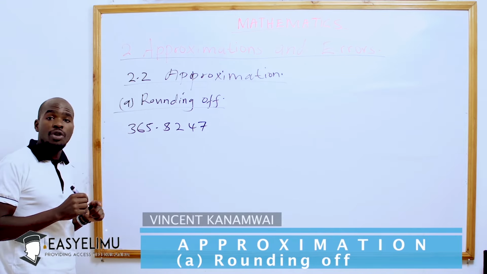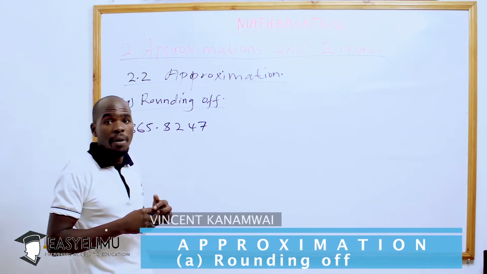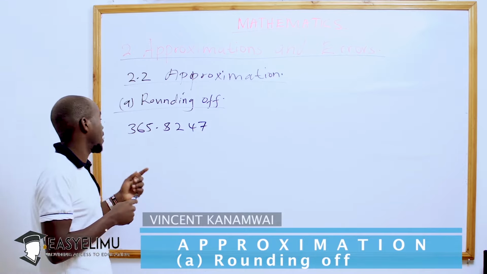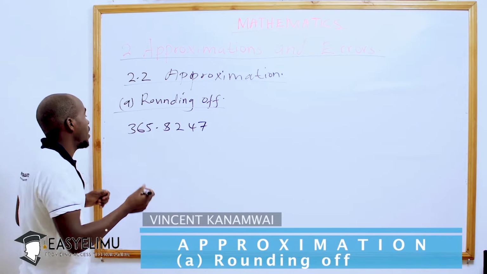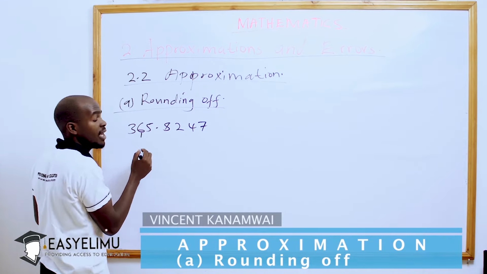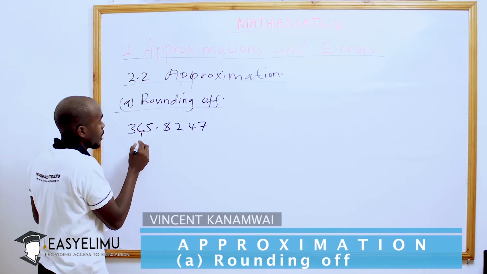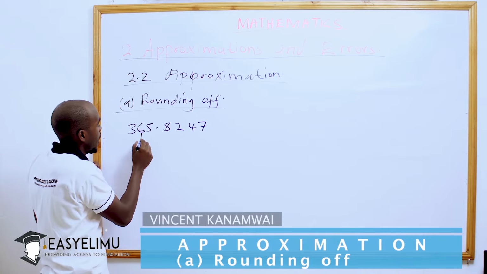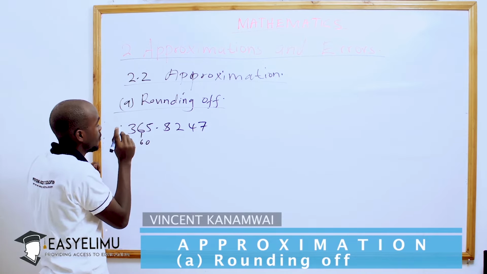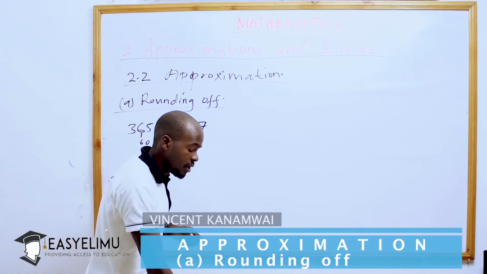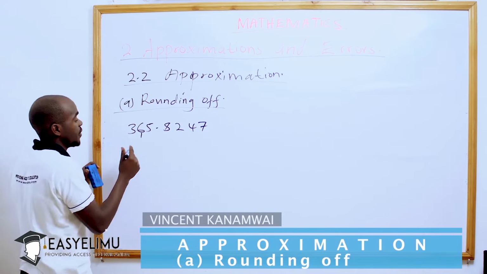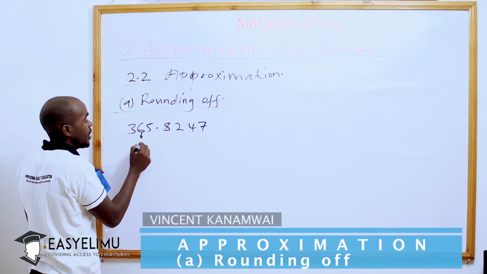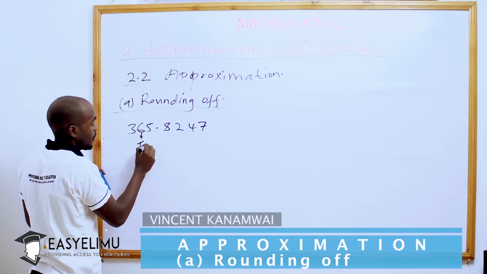So if, for example, you want to round off the given number, which is now, for instance, 365, we identify that the place value of this digit 6 is tens.